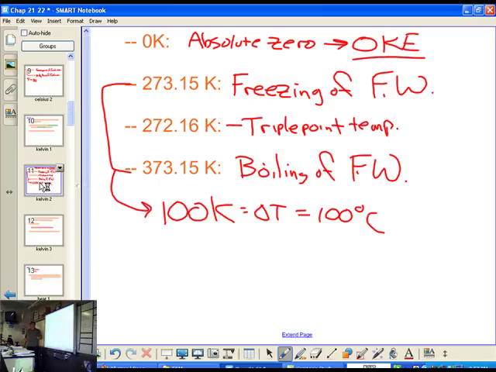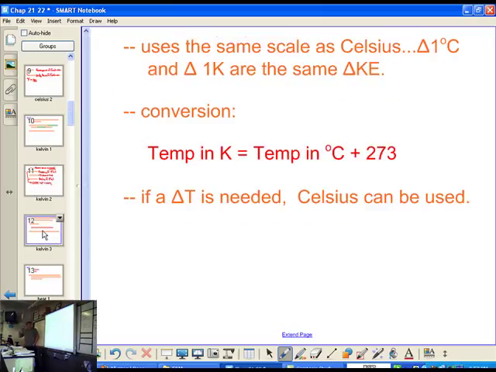All right, so the Kelvin scale uses the same scale as Celsius. Kelvin just took Celsius's scale and put 0 in another place, so that a change in temperature of 1 degree Celsius and 1 Kelvin are the same amount of kinetic energy. Which means our temperature in kelvins equals the temperature in degrees C plus 273.